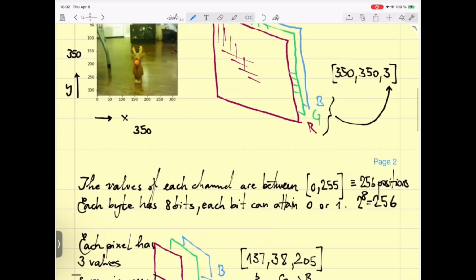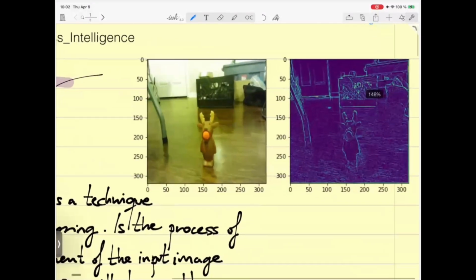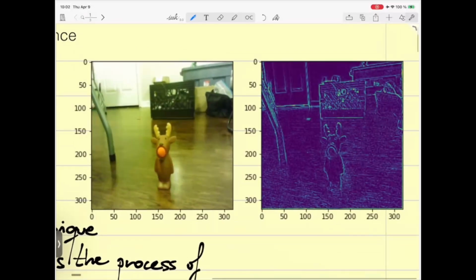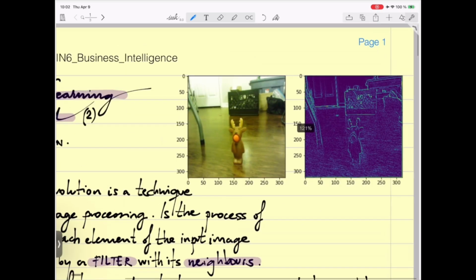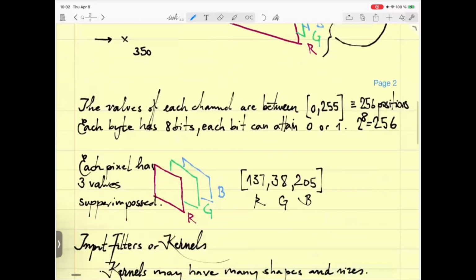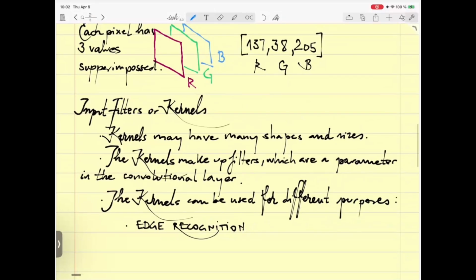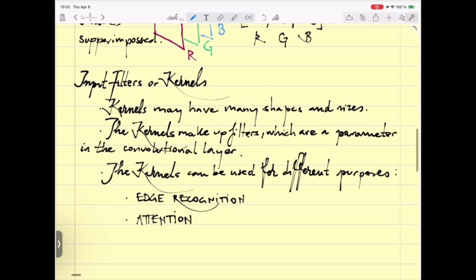Just like we have in this example. Okay, so there's a kernel that has been used there to recognize the edges and put the background in blue. So that's edge recognition. Then we can also say we want attention. We want to focus only on the things that we were looking at.